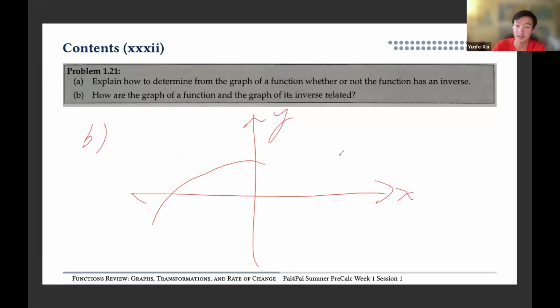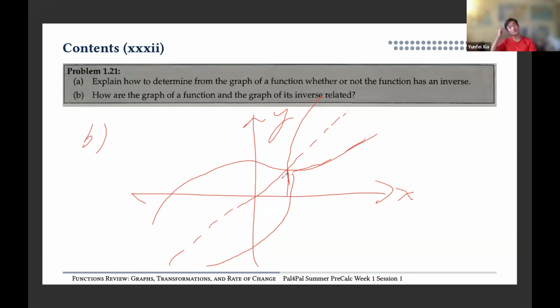Let's say this function. And why is this true? How come if a function has an inverse, the relationship between a function and its inverse is that the graph of the function, along with the image of its reflection over y equals x? Yeah, you can just unmute yourself.